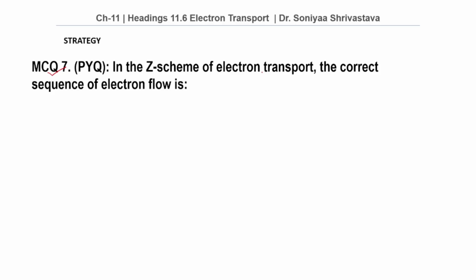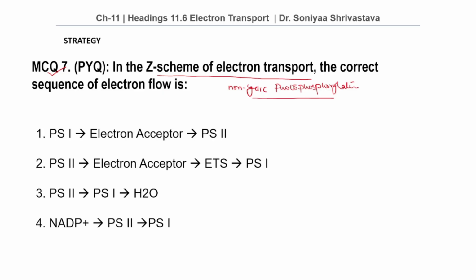Let's see MCQ number 7. In the Z scheme of electron transport, the correct sequence of electron flow is, student, the Z scheme of electron transport is non-cyclic photophosphorylation. So before coming to the options, let's first see what photophosphorylation is.